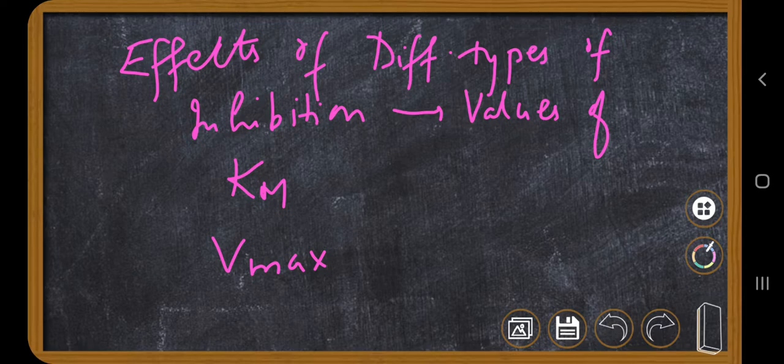So it is very important to have this concept when you are opting for the biochemistry part in life sciences, that is CSIR NET life sciences. And not only for CSIR NET, it is important for all the competitive examinations for the life sciences stream, right? So here we are just going to discuss the types of inhibition and their effect on the values of Km and Vmax. So let us begin.